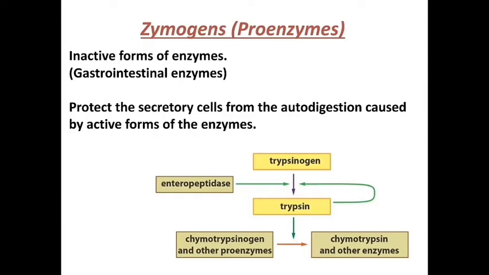They are present in inactive form to protect the cells from autodigestion, which can be caused by the active form of the enzymes, and they are only activated when required, such as trypsinogen being converted to trypsin by the action of enteropeptidase, and trypsin takes part in the conversion of chymotrypsinogen to chymotrypsin and other proenzymes. So zymogens are inactive forms of enzymes which get converted when they are required.